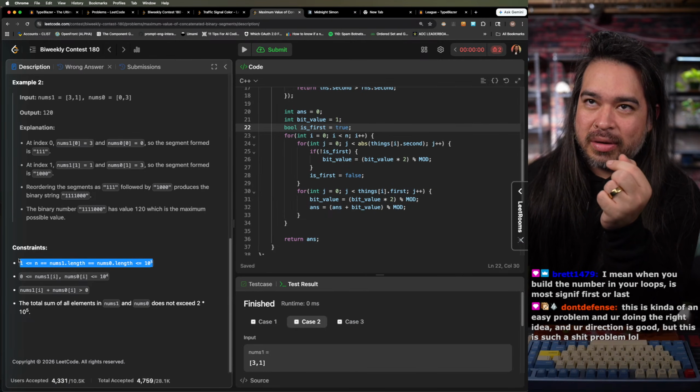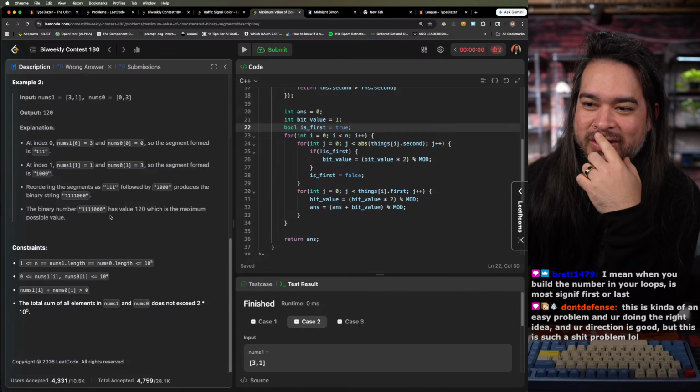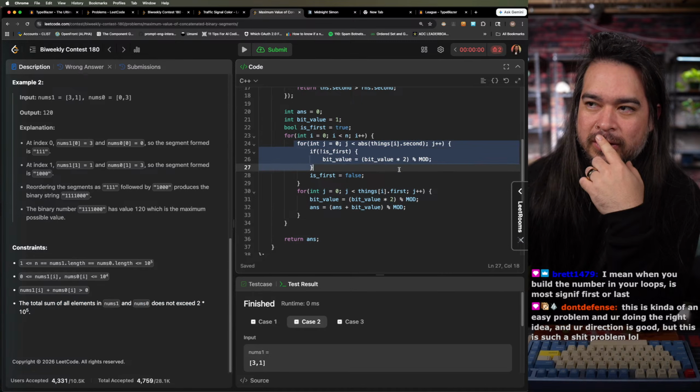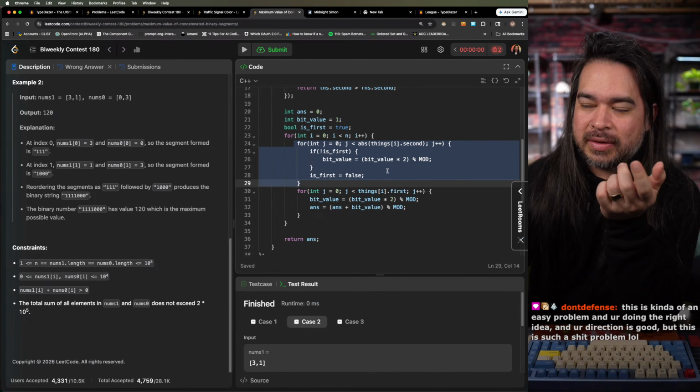Because I don't think we try every combination or something crazy like that. I think the constraints are too big. And this tells me that maybe it's okay to just iterate like this over the things.